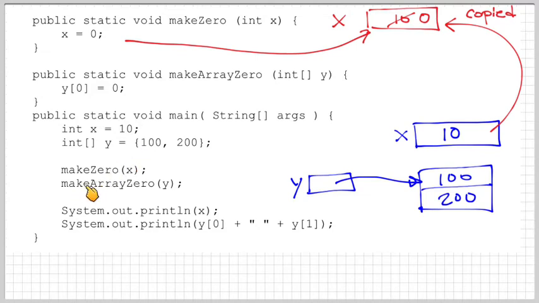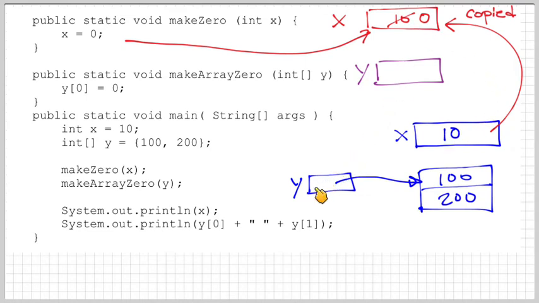And then I call my other function make array 0. So let's start off by kind of imagining that. In a similar way, y is a reference. It's a little piece of memory that's going to reference an array. And so you can see here that this array y is passed to this. And when it is passed into this parameter, it is being copied in the same way that the number 10 is copied up here.